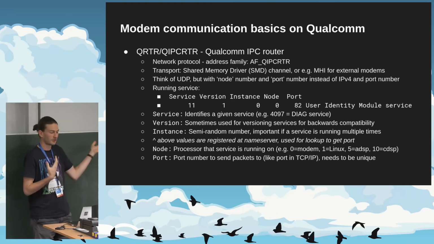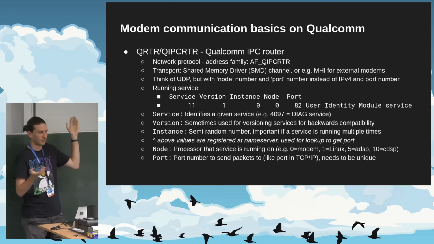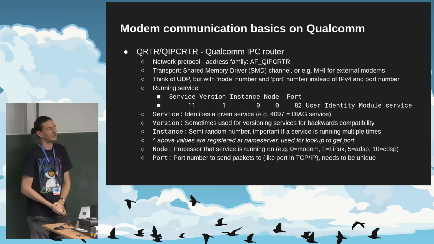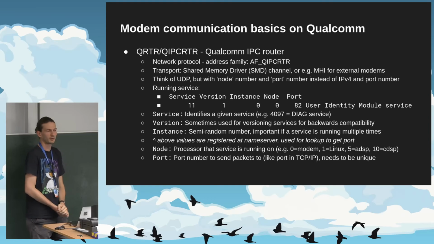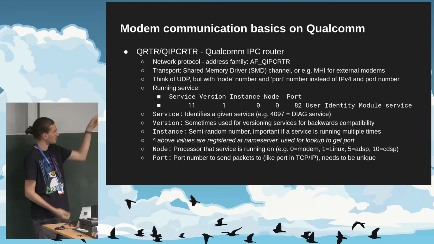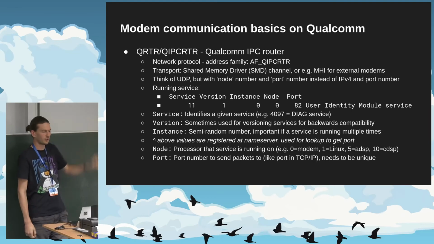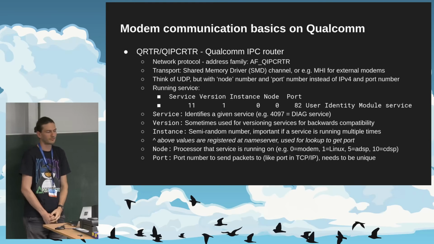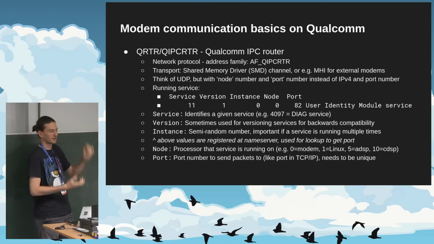There's a thing called QRTR, also known as QIPCRTR, which is the Qualcomm IPC router. It's a sort of network protocol, which in the Linux kernel you can find as AF_QIPCRTR. It's kind of a socket type, so instead of doing a TCP socket, you make a QRTR socket.